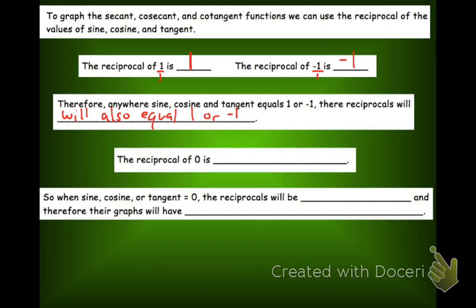Next important thing is to remember the reciprocal of 0 becomes 1 over 0, which is undefined.